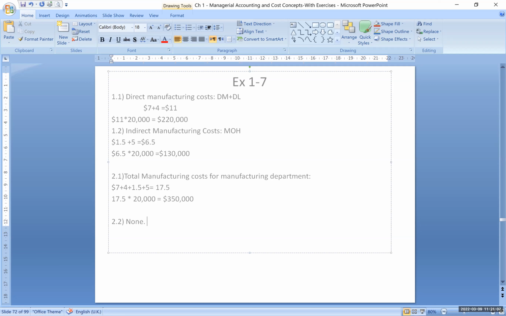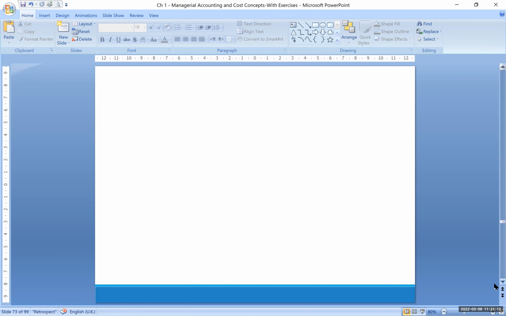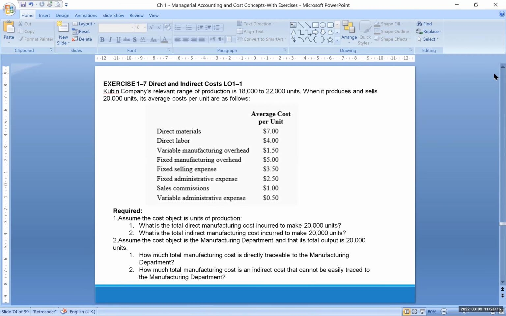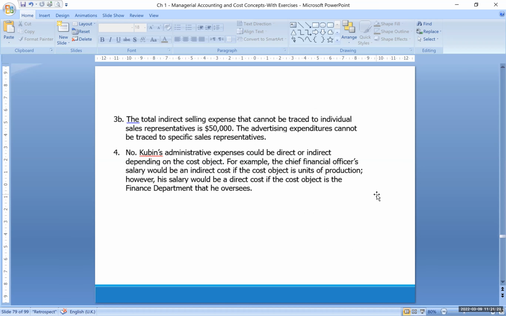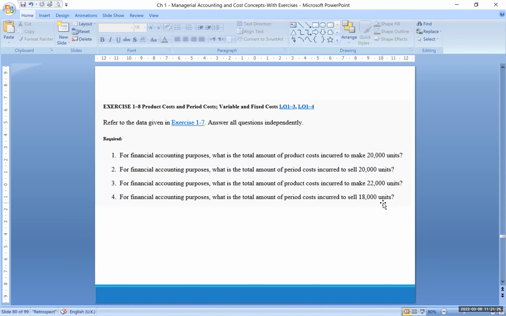Okay. This was for 1.7. I will ignore number 3 and 4 in exercise 1.7. 3 is repeated.